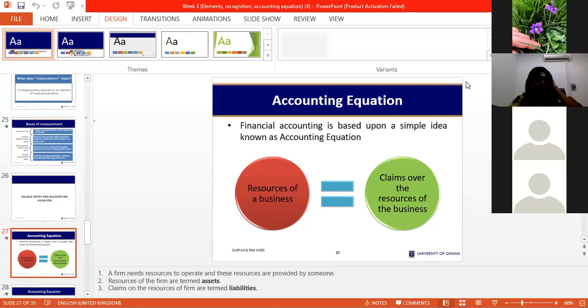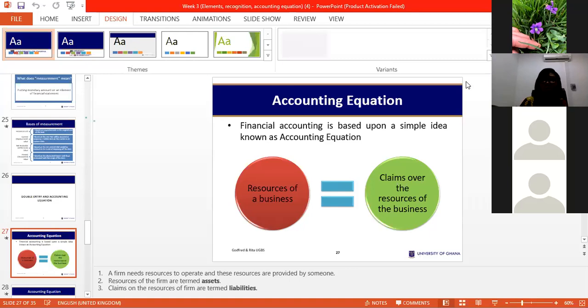So let's get back to our accounting equation. And I'm saying that resources of a business would always be provided by some people. And those people will claim the resources of the business. Though once it moves to the business, it becomes that of the business. But the business is not a functional human being.